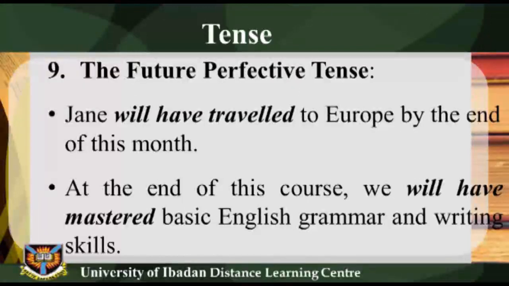B. Jane will have traveled to Europe by the end of this month. C. At the end of this course, we will have mastered basic English grammar and writing skills. D. By noon, we will have finished our assignments.